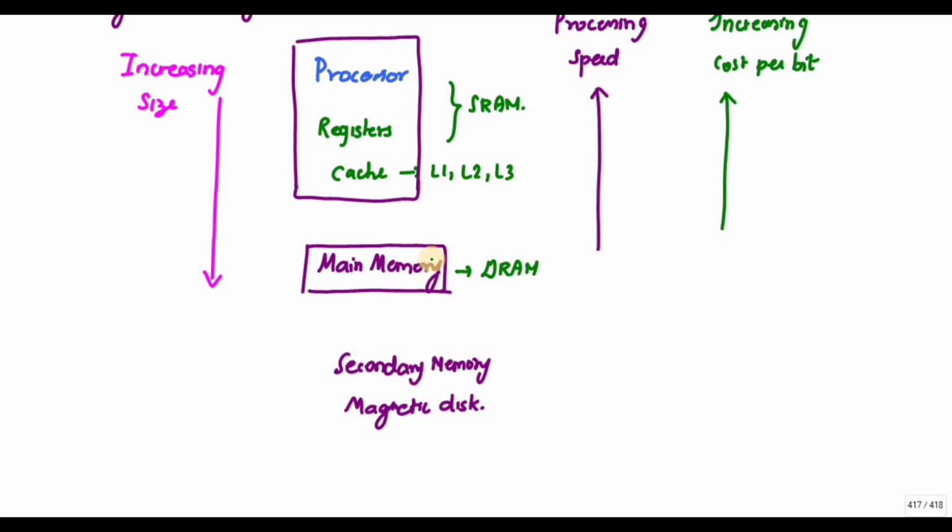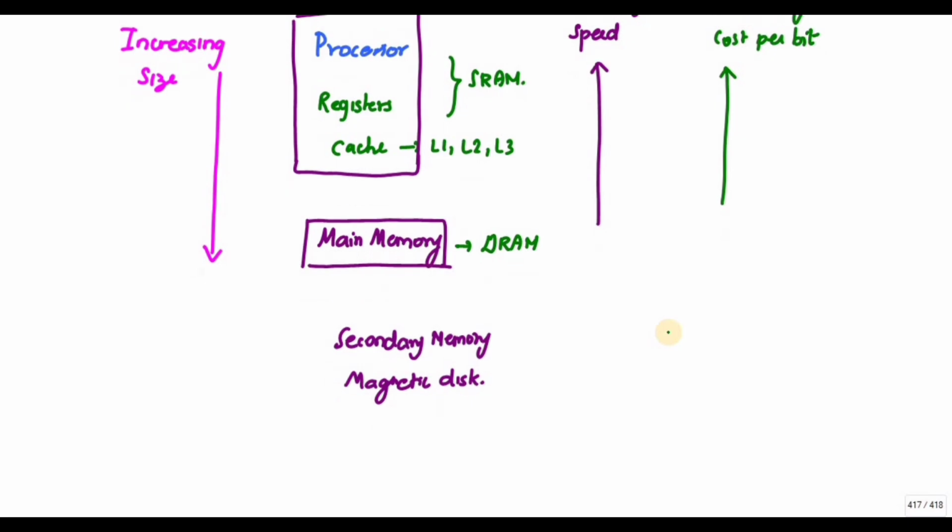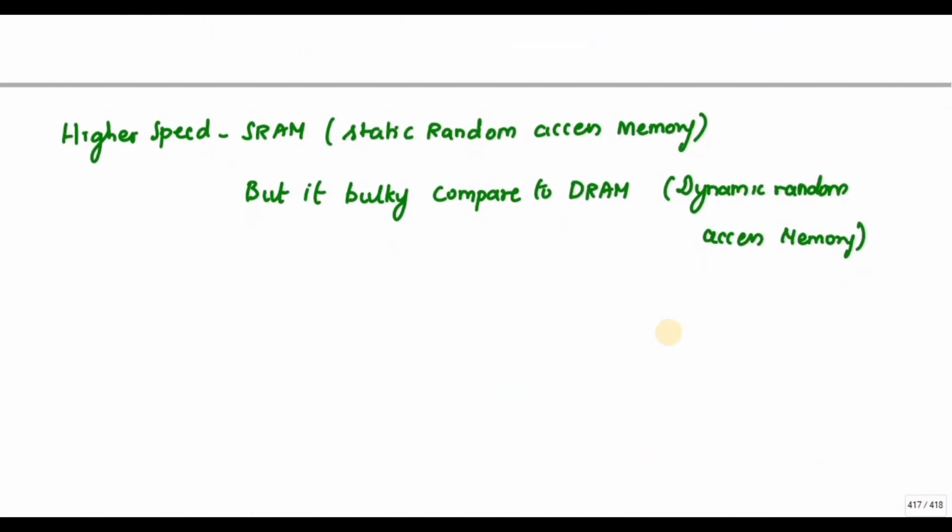The SRAM and DRAM can be constructed with the help of semiconductor ICs. So it will be a little bit expensive compared to the magnetic disk, but these two will be faster compared to the magnetic disk.